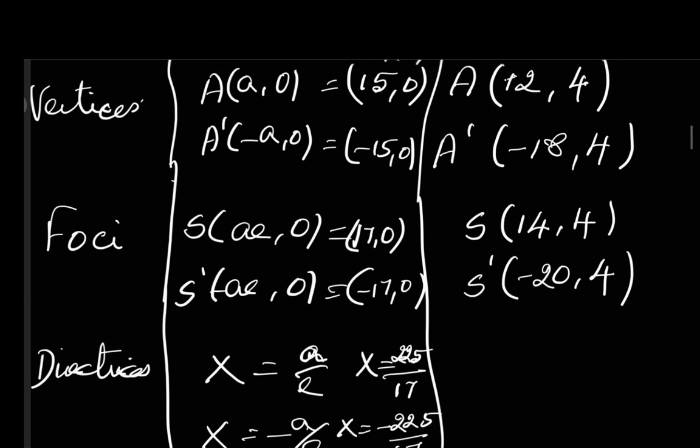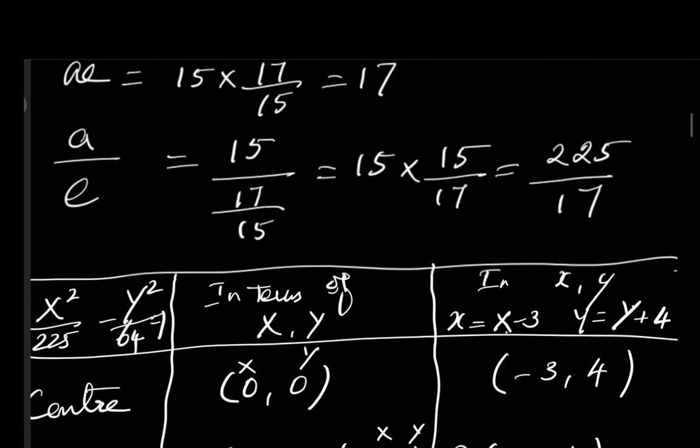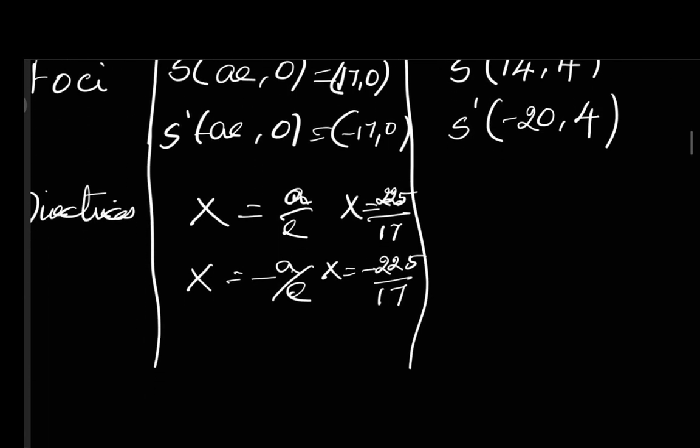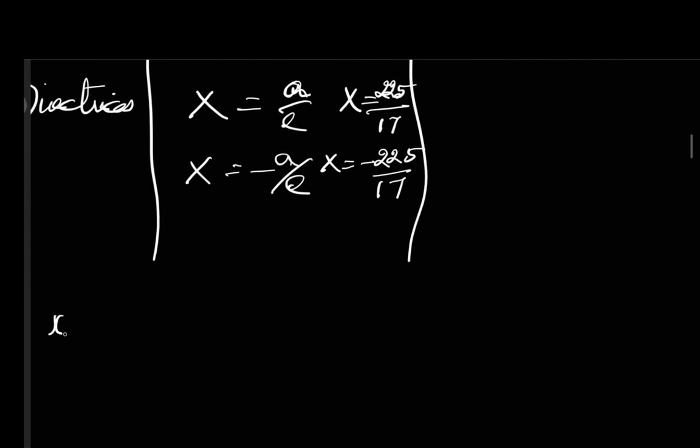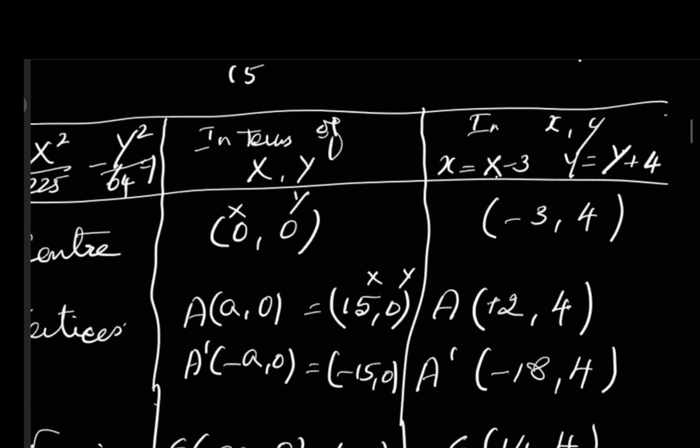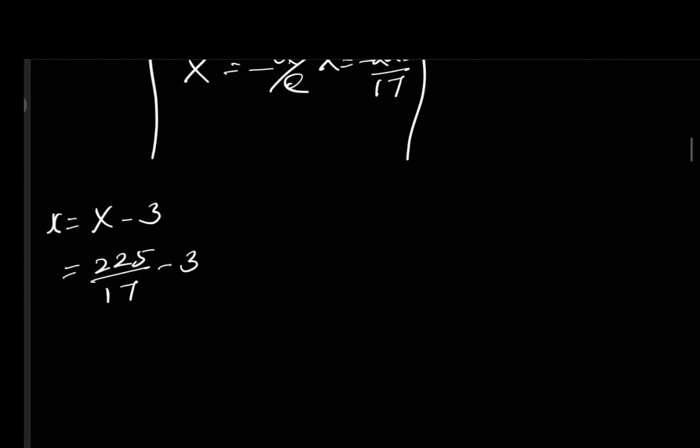Now substitute capital X as 225 by 17. Small x is capital X minus 3, so 225 by 17 minus 3. Taking the LCM 17, 225 minus 51 divided by 17. If you subtract, you will get 174 by 17.